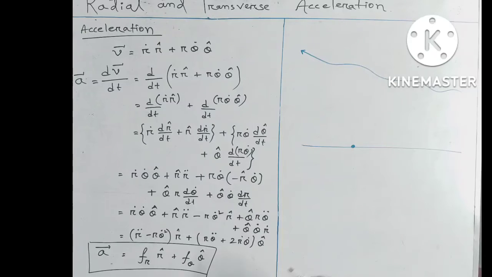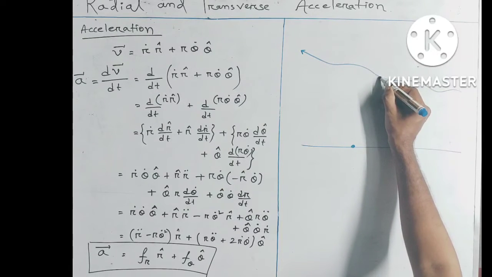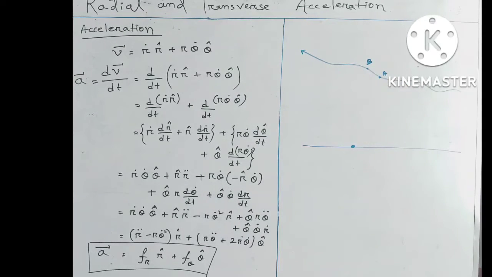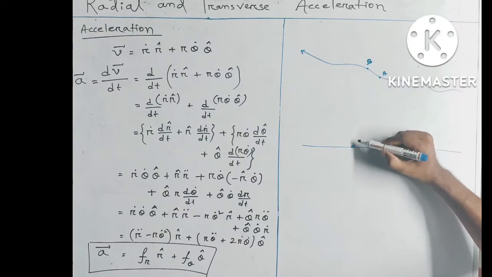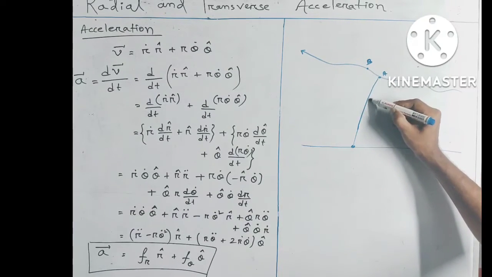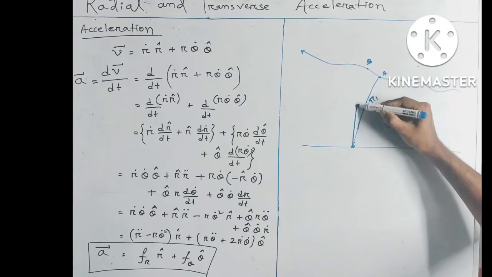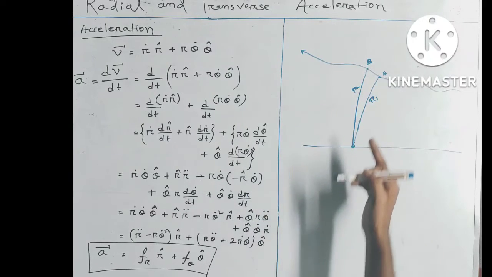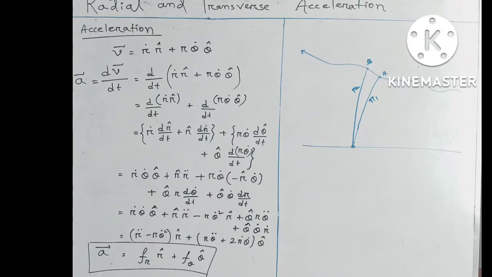At a particular time the position of the jet is here, and after some time its position will be B. If I join this to the radar, this is R1 and this is R2. You can easily see that R1 and R2 are not the same.